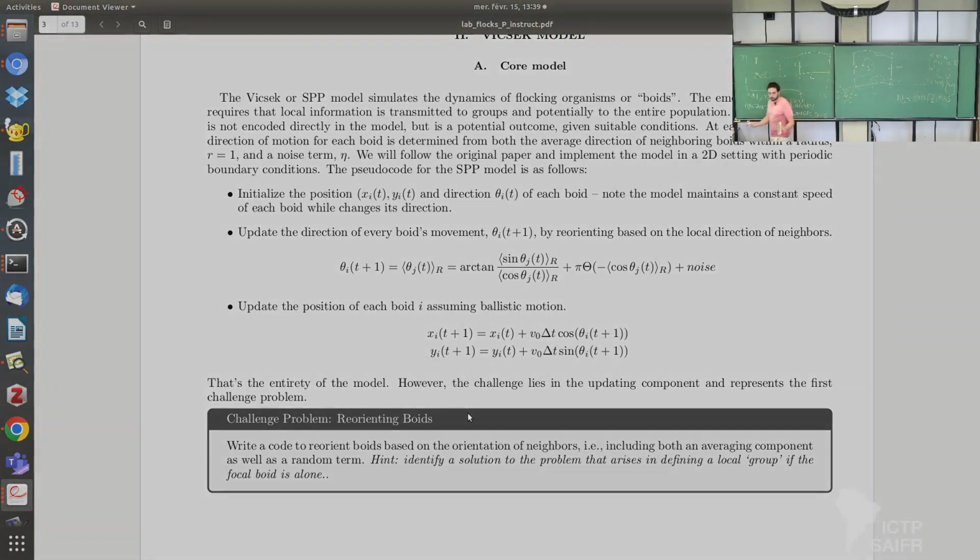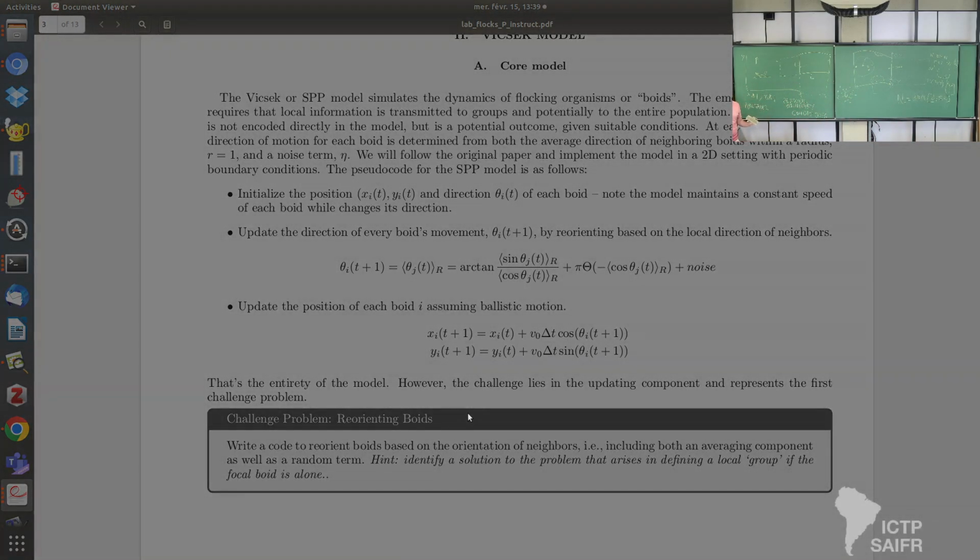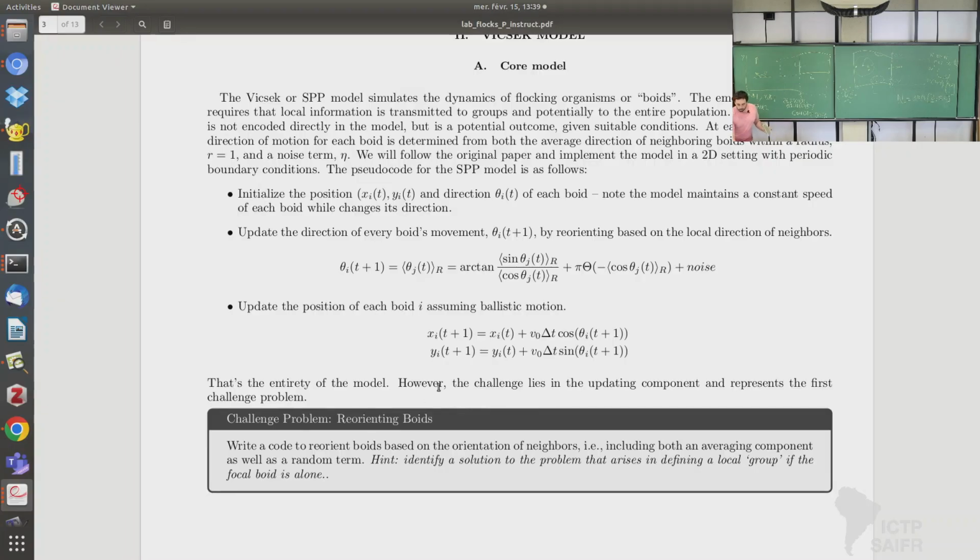This is just the definition of who is in the neighborhood, okay? So if you didn't have periodic boundary conditions, this is just masking. I'm sure you did hundreds of these exercises when you learned Python or whatever programming language you use, okay? Now the hard thing is to modify the algorithm to account for periodic boundary conditions.